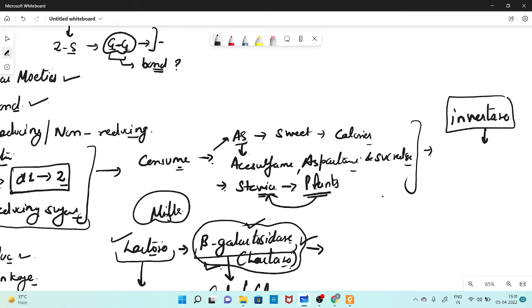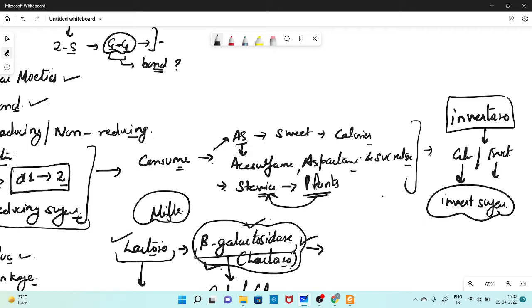Invertase cleaves the bond between glucose and fructose and leads to the synthesis of glucose and fructose. So for sucrose, the invertase enzyme is used for hydrolysis, and the product is also called invert sugar, because in this structure the fructose changes its structure, it gets flipped, or you can say inverted.